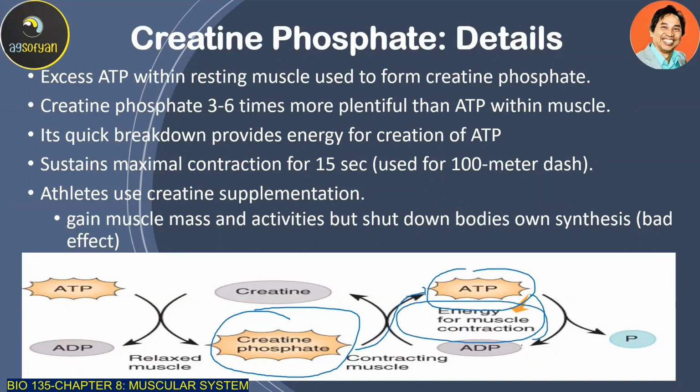If it is not needed, if we still have ATP, it can be converted back to creatine phosphate. This extra ATP can be stored in creatine phosphate. If we need it, then we use it to produce muscle contraction. It's only 10, 15 seconds. For a 100-meter sprinter, maybe enough for them to sprint for 100 meters.